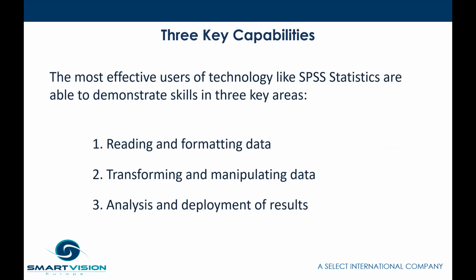Okay, when we teach people how to use SPSS, and when we deal with people who work with software like SPSS, whether it be R or SAS or Python, we're very aware through years and years of working in this area that what you're looking for in your analyst or consultant or data scientist is that they can demonstrate skill in at least 3 areas.